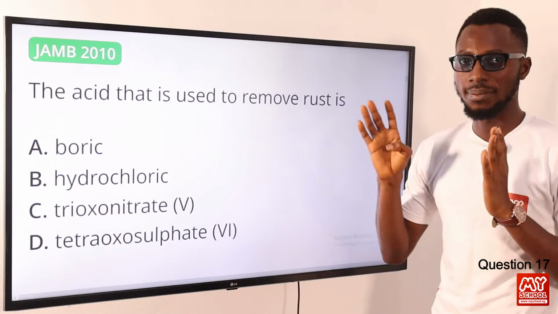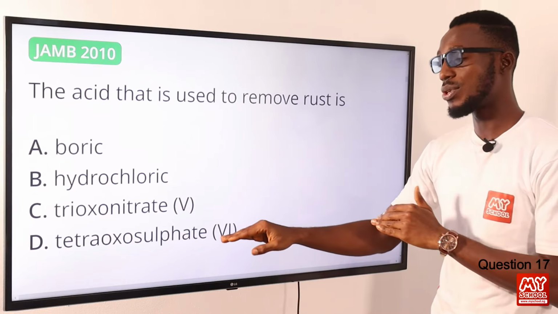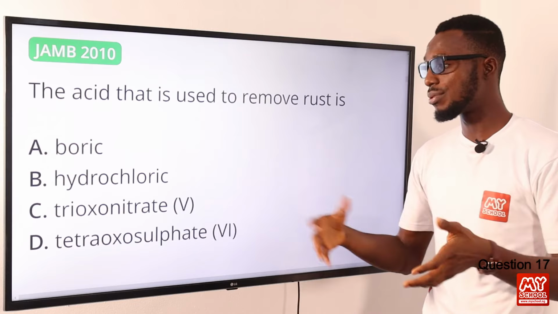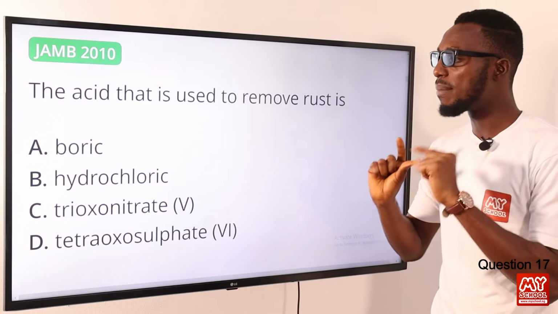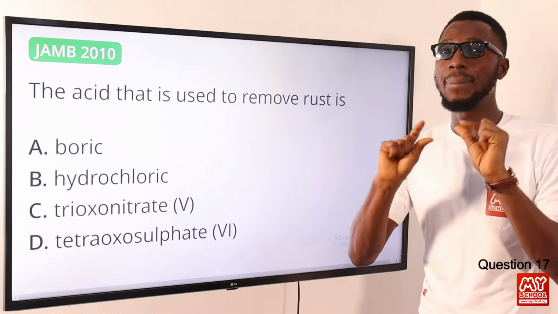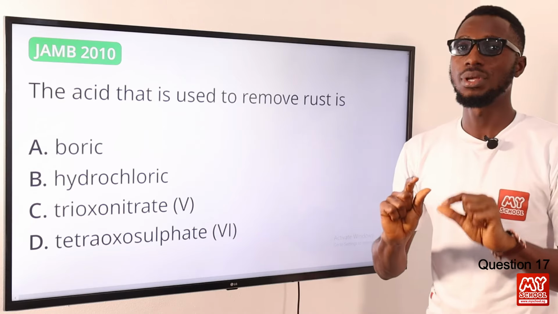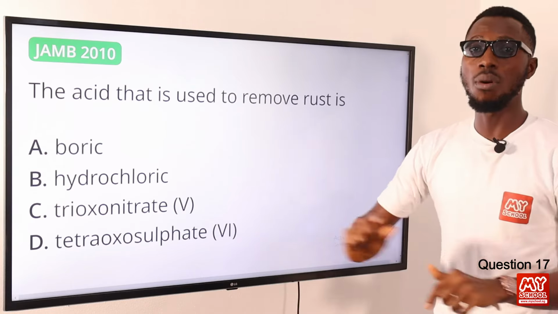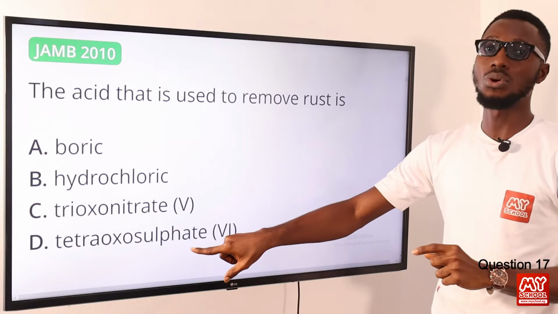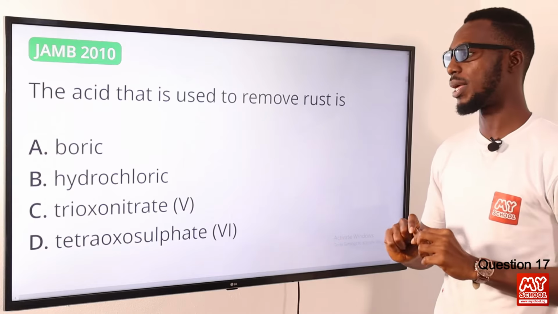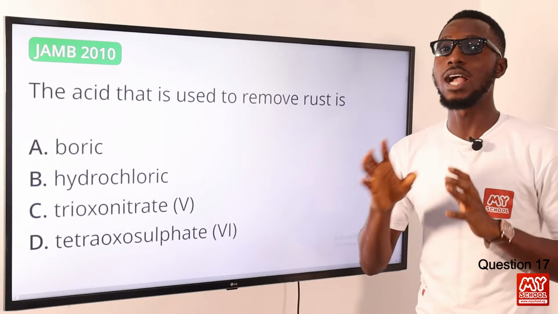It is faster. Although this was what has been in use before now, this is faster, and it also minimizes the loss of the base metal. That means it's not going to eat away the metal as much as sulfuric acid does. So that is why we go for hydrochloric acid.